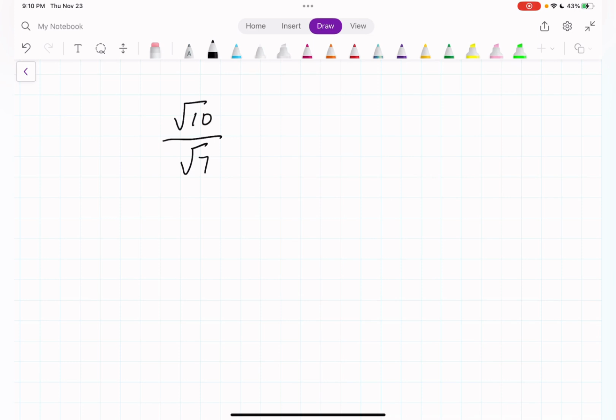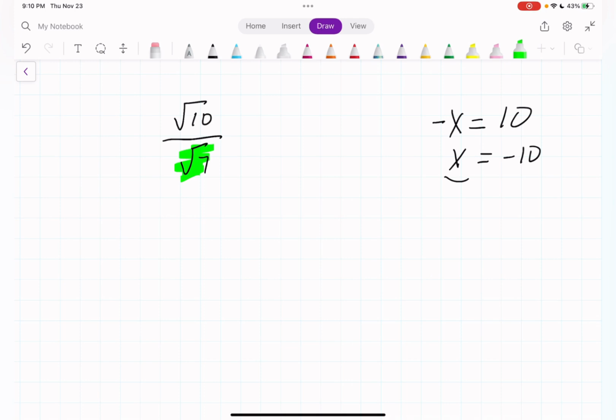Just like we can't leave the answer of x in the negative form, right? We will multiply by -1 both sides and get positive x. The same way we cannot have a radical or square root in the denominator.